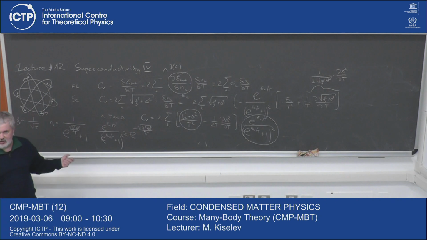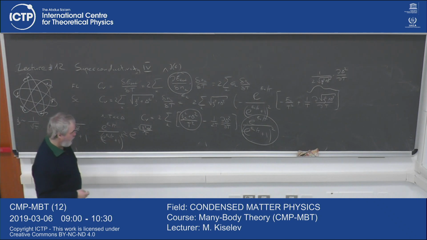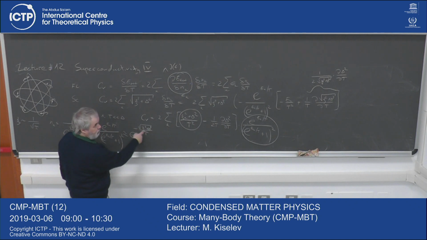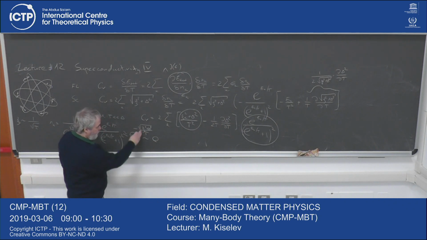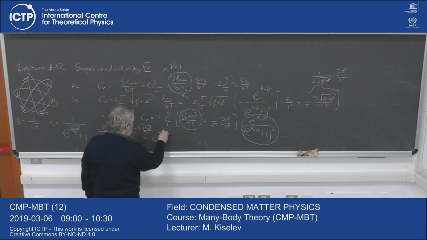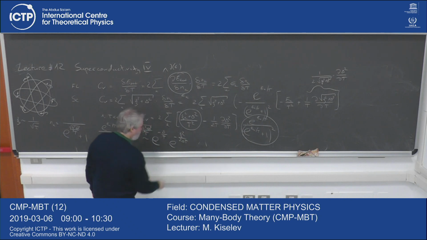We have an exponentially small number of available states because of the gap in the spectrum. And now I can expand this square root, assuming that the energies I'm going to integrate are smaller than delta, so this is minus delta over temperature, and then times e to the power minus xi square over 2 delta temperature.